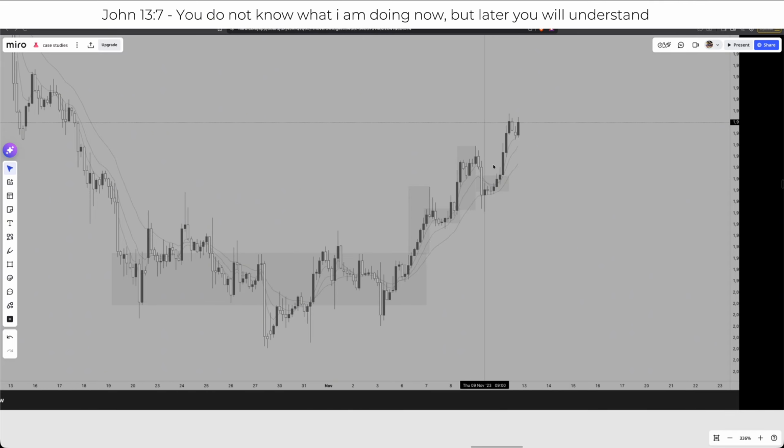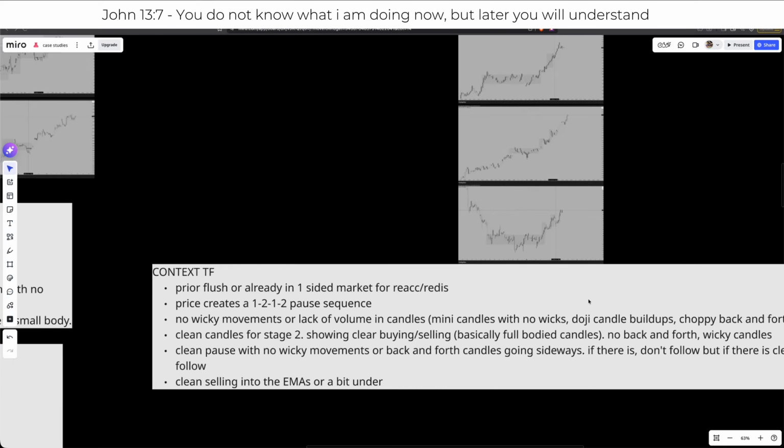So my confidence in taking a buy here will be a lot better than my confidence taking a buy there. However, I've been looking at the markets the past few days, off camera, and I have been noticing that really good moves can start with that first initial 1-2-1. But for right now, we're just going to stick with the 1-2-1-2-1, and that's the sequence we look for in our context.